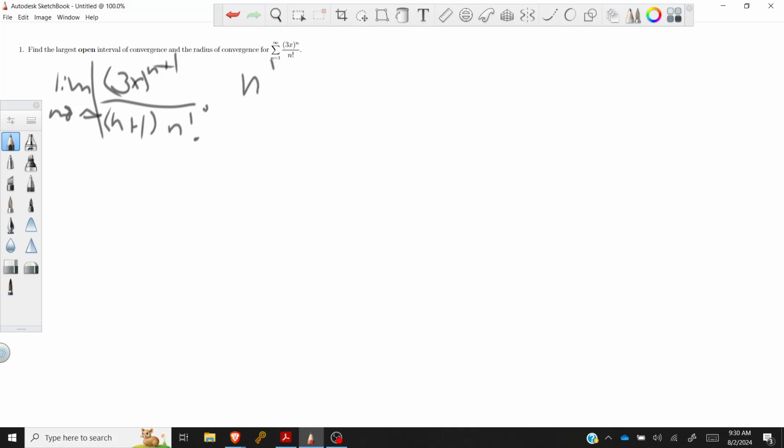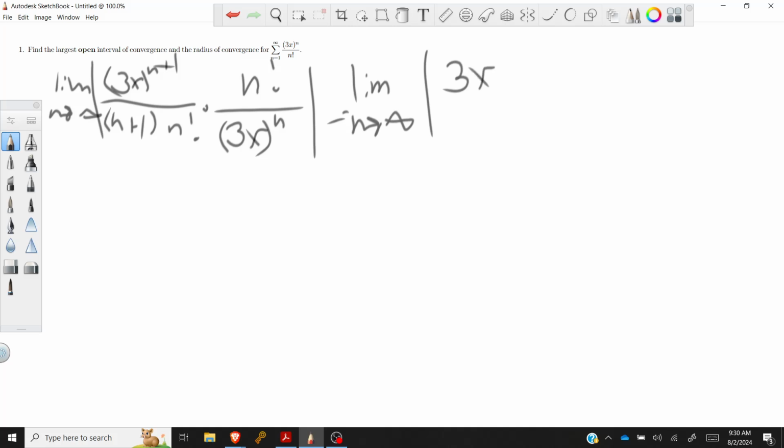I'm going to multiply by the reciprocal. So simplifying this, we get the limit as n approaches infinity of the absolute value of 3x to the 1 all over n plus 1.